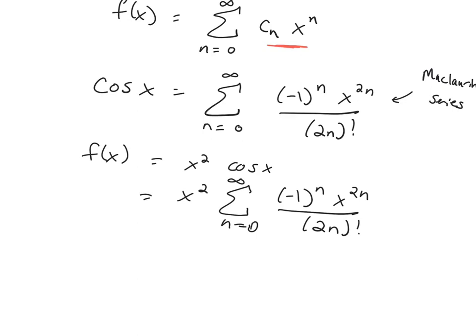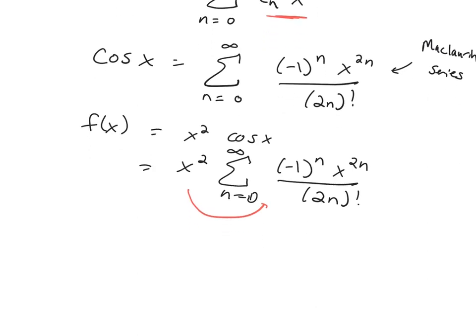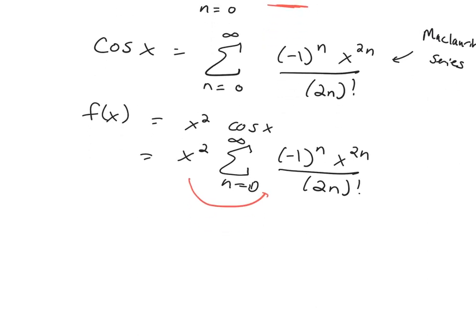So the only thing you have left to do is inside of this series, you're adding a bunch of stuff up. And so you just need to distribute this x squared inside, bring it in. So bring in this x squared inside here. So you're getting the summation from n equals 0 to infinity, -1 to the n.